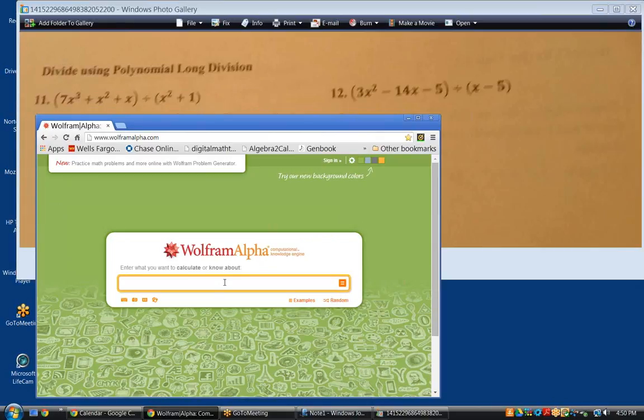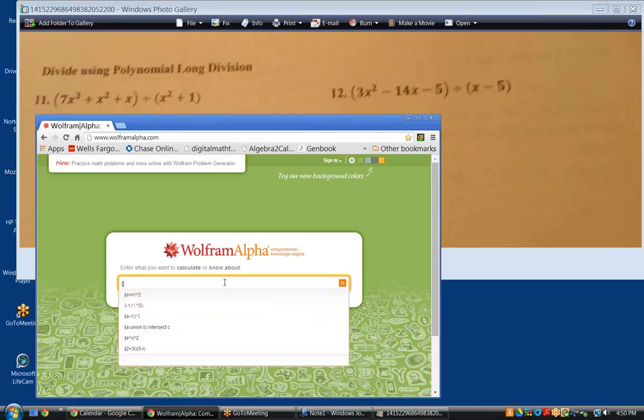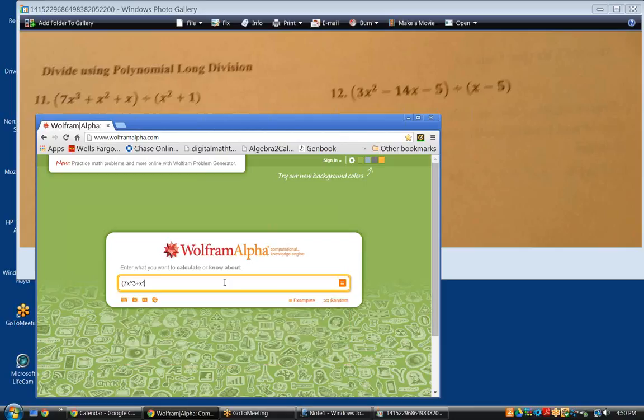So let's see, I need parentheses, don't I? 7x to the third plus x to the second plus x, end paren, divide by x squared plus 1. Let's see what they put out as an answer.